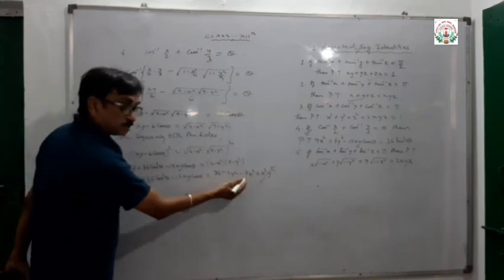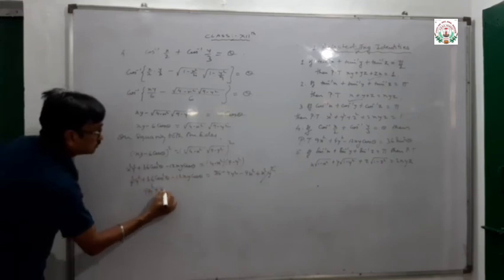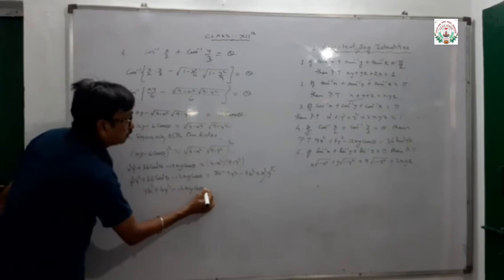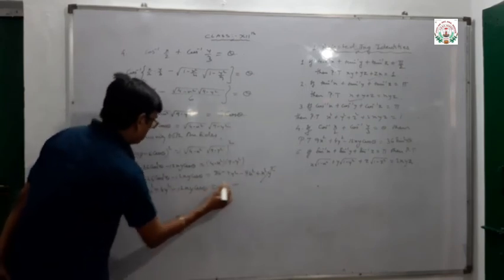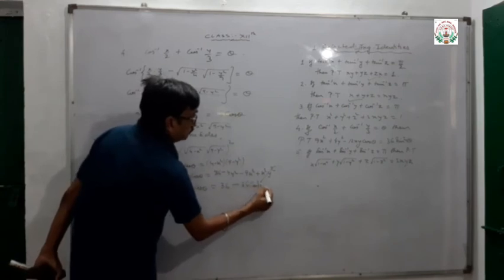Now this minus 9x square and minus 4y square we transpose towards the left, we get 9x square plus 4y square minus 12xy cos theta equals 36 minus 36 cos square theta, transposing this towards the right.